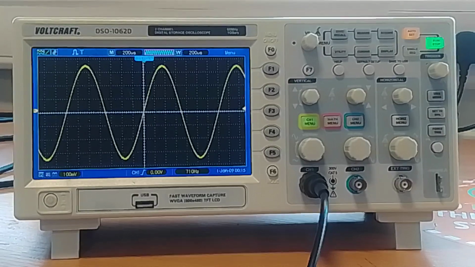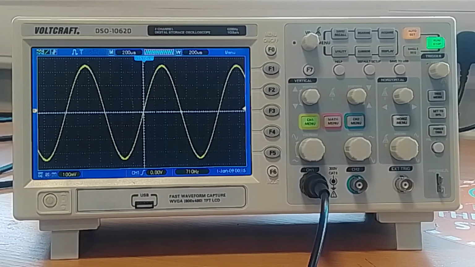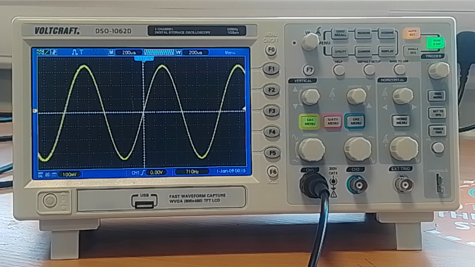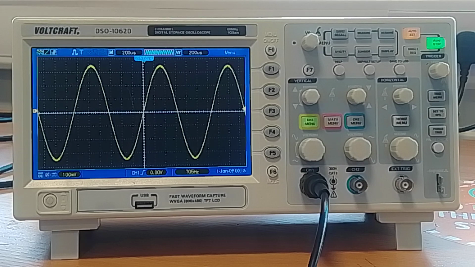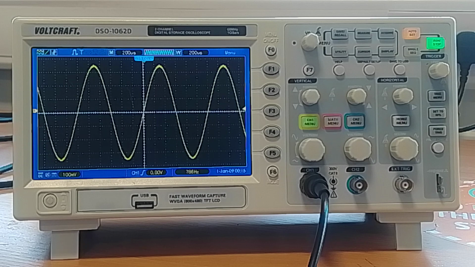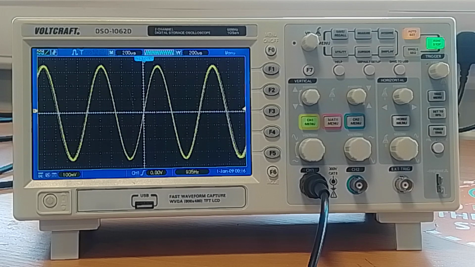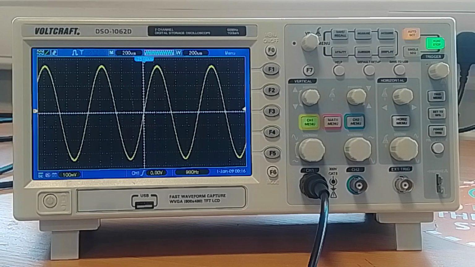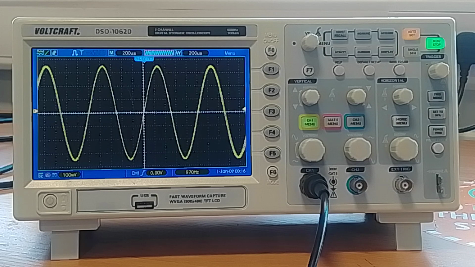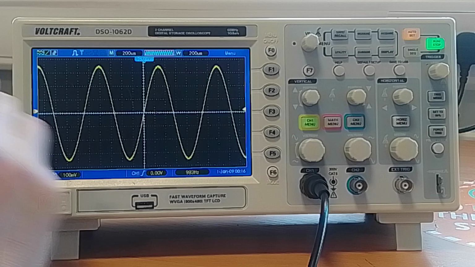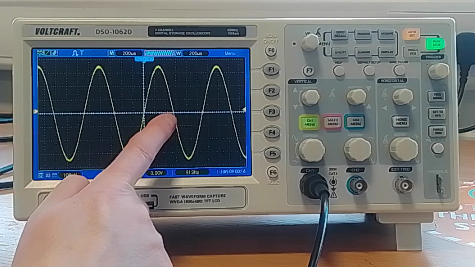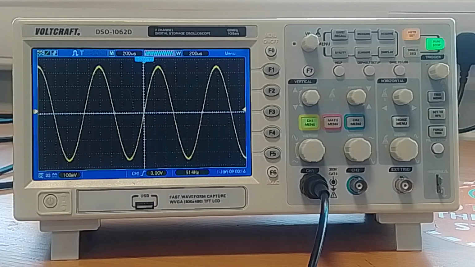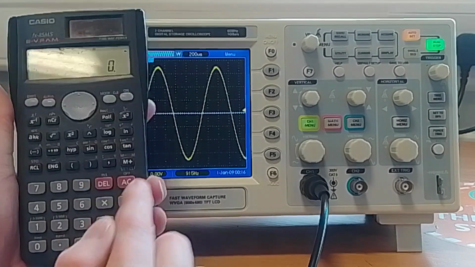Okay. Now bear in mind it doesn't have to be exactly a perfect number of divisions. If I adjust my frequency even slightly, I can knock that off. So instead of it being a perfect number of divisions, I could have 1, 2, 3, 4, 5, 5.5 divisions at 200 microseconds.